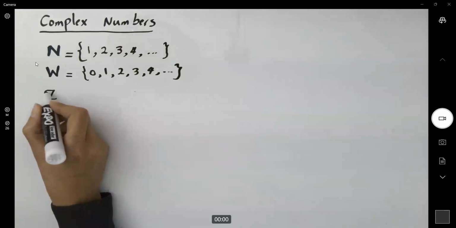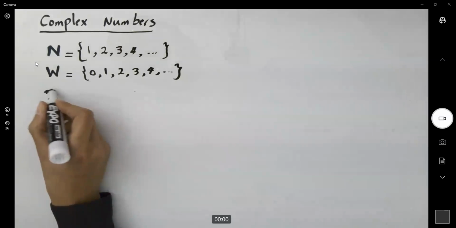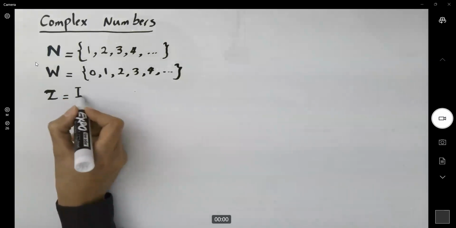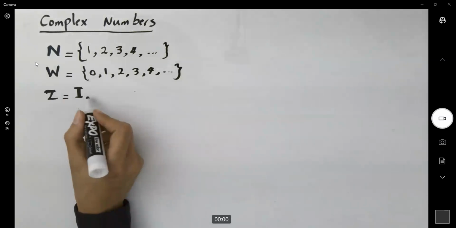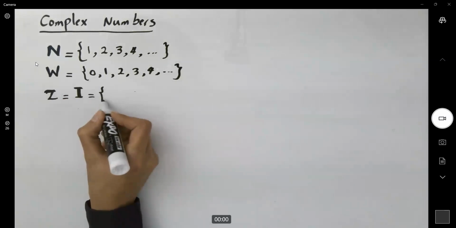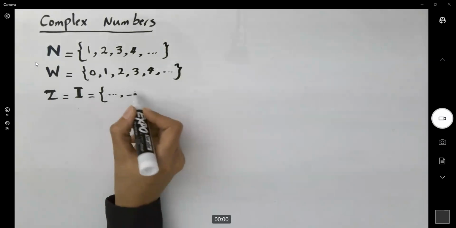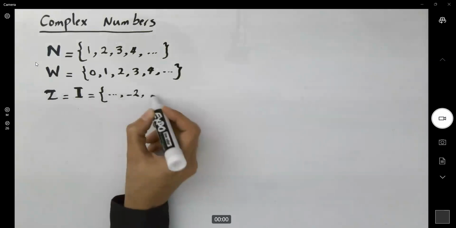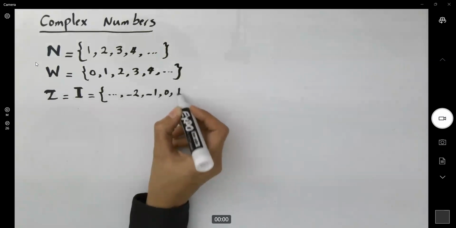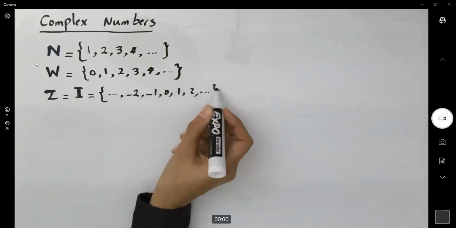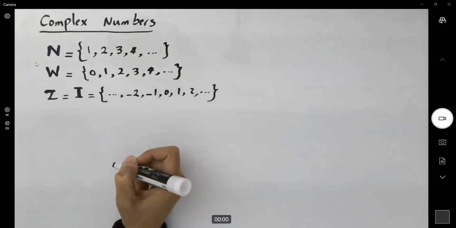Some books represent integers by Z, some others use I. So if you open a math book and you see either of these two letters, it represents signed numbers or integers: -2, -1, 0, 1, 2, and the rest of the positive numbers.